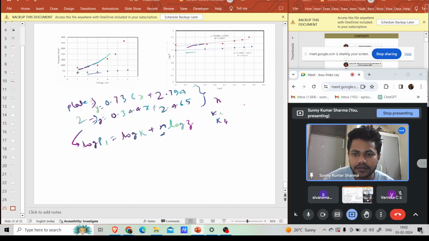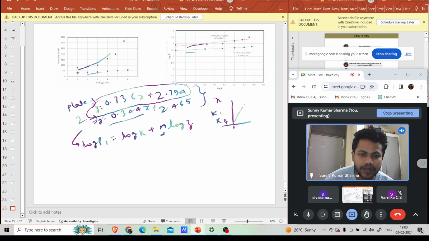In this equation, what is the slope of the line? 0.736. And in this equation it is 0.344. So our slope is different. But as we described earlier, if we have different slope lines, then we will take the average of the two slope lines.